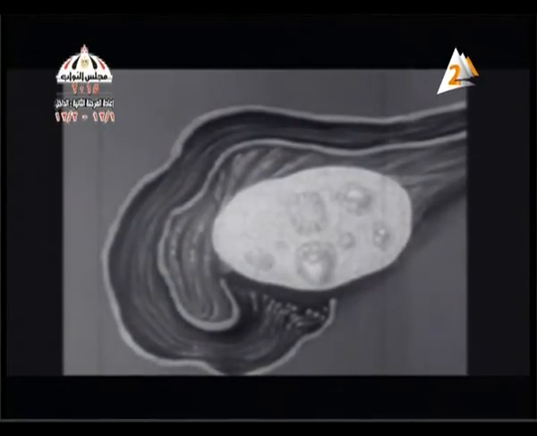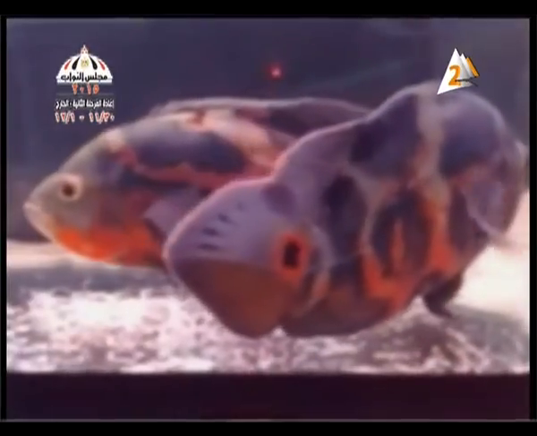Male gametes may be transported to the female by water, as in aquatic animals, as you see, like bony fish and toads. The male and female shed their gametes in water, where external fertilization occurs. In terrestrial animals, fertilization takes place internally. So, it's external in fish and toads.